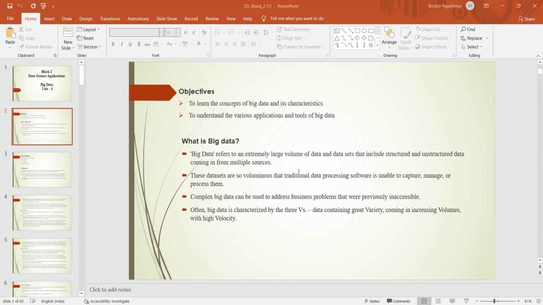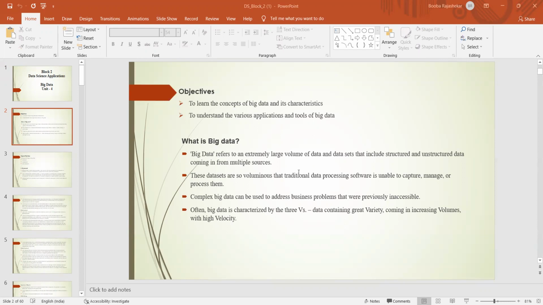To define big data: big data refers to an extremely large volume of data and data sets that include structured and unstructured data coming in from multiple sources. From the multiple sources we find the data, it may be structured or unstructured data.